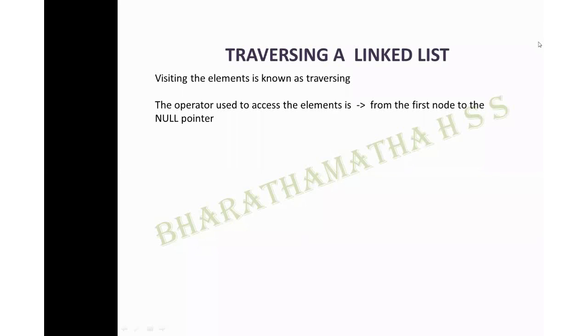So the next topic is traversing a linked list. Traversing means visiting the elements, that is, moving from one element to another. The operator used to access the element is the one for the self-referential structure, which I told you about in chapter 2.